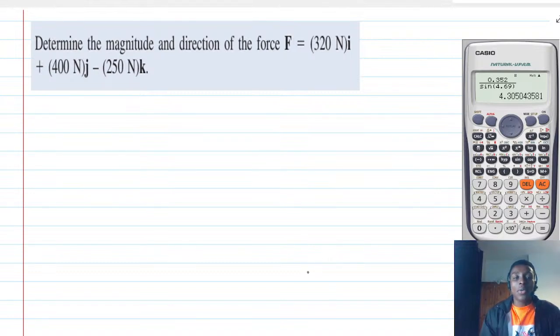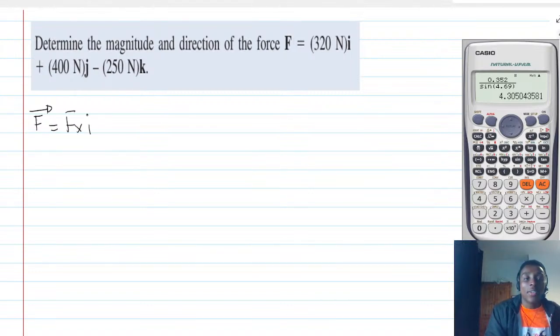Okay, so these are the equations that we need to know. Number one, whenever I have a force in space as a vector F, it has got a component Fx along the i direction, which is the unit vector along the x direction, plus a component Fy along the j, which is a unit vector along the y direction.